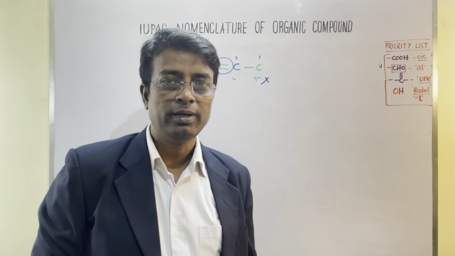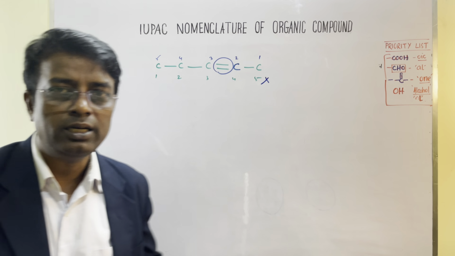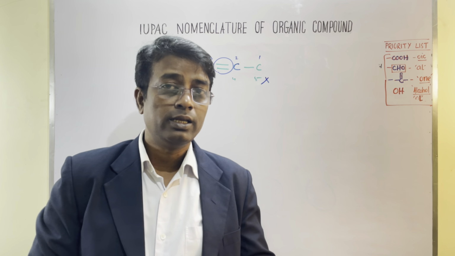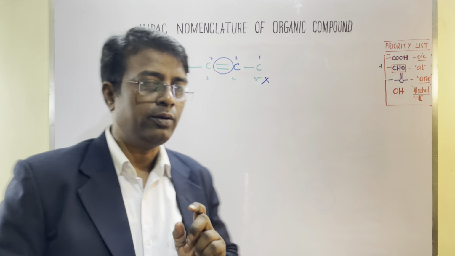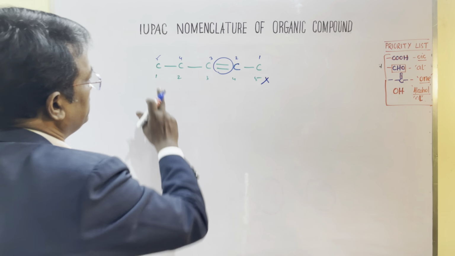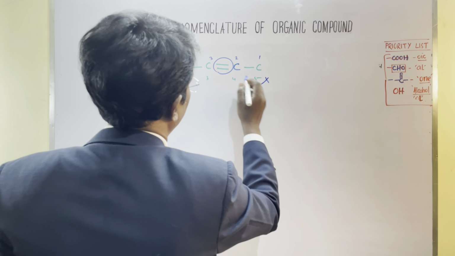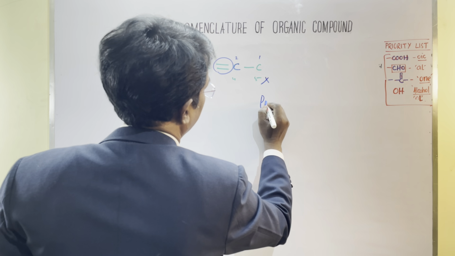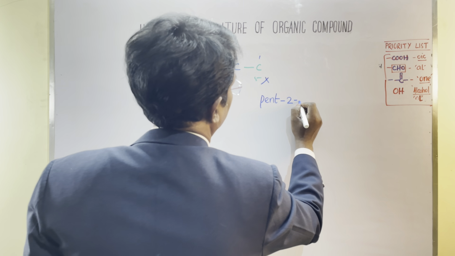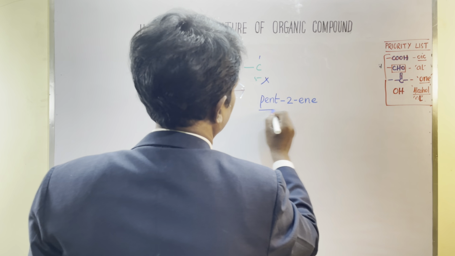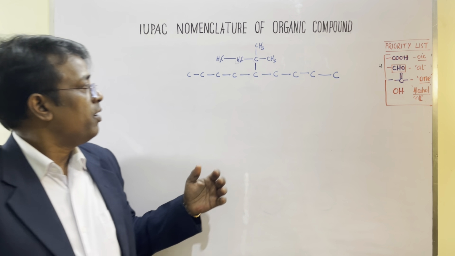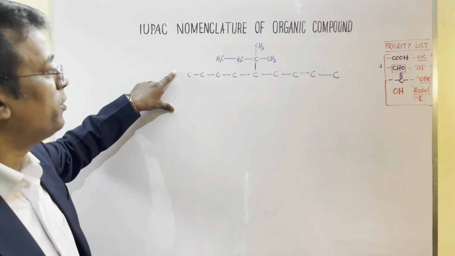We need to be a little flexible. The carbon to which the double bond is attached should be assigned the lowest possible value while following the longest chain. Of course this is pentene, but this will be pent-2-ene.